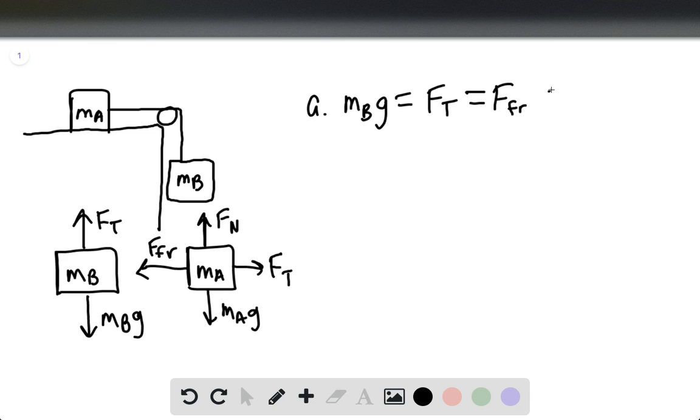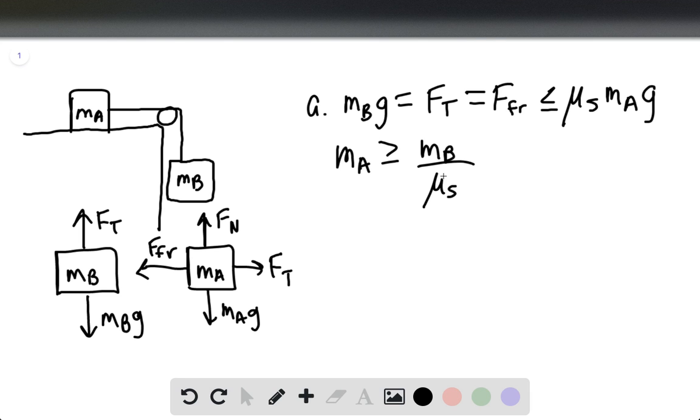And we know that this must be less than or equal to mu sub s m sub A g in order for this not to move. So the mass of A should be greater than or equal to the mass of B divided by the coefficient of static friction. This should equal 2 divided by 0.4, and this will equal 5 kilograms.